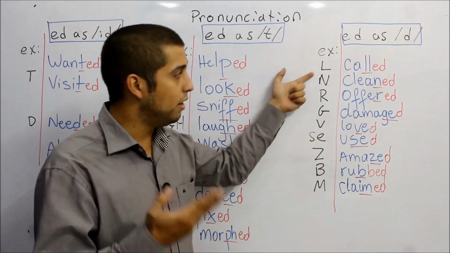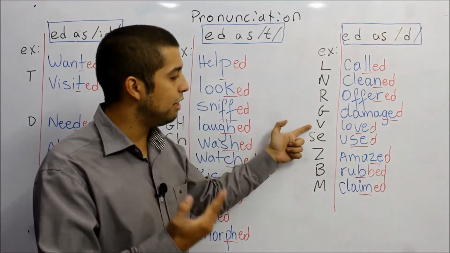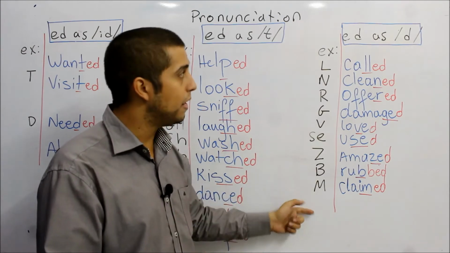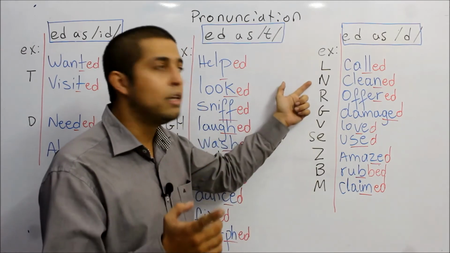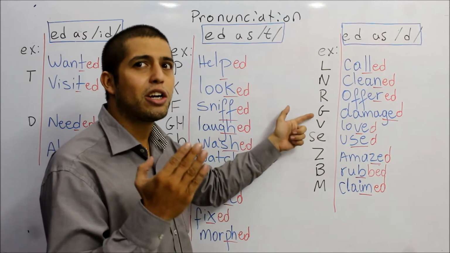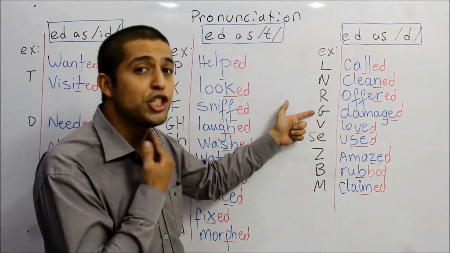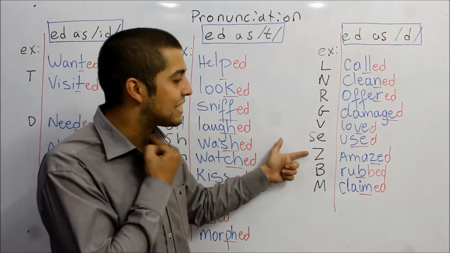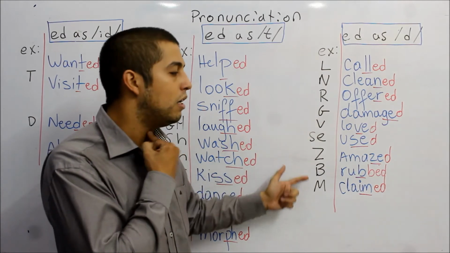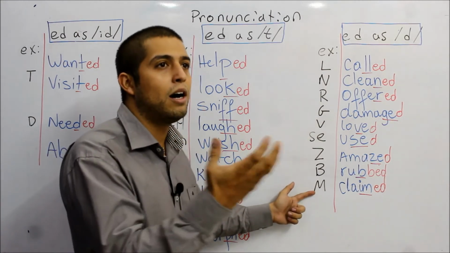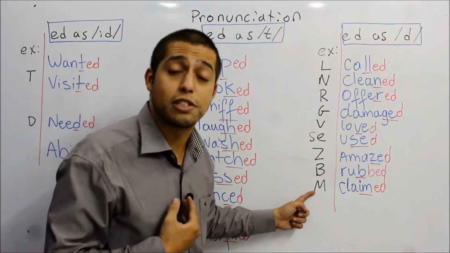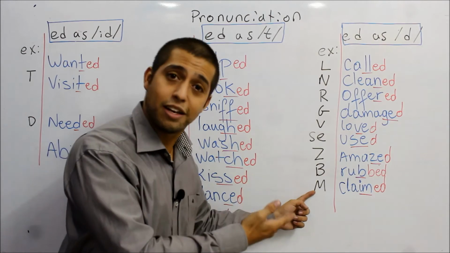We have L, N, R, G, J, V, Z, B, M. I can sing that. I don't sing well, but I can sing it.